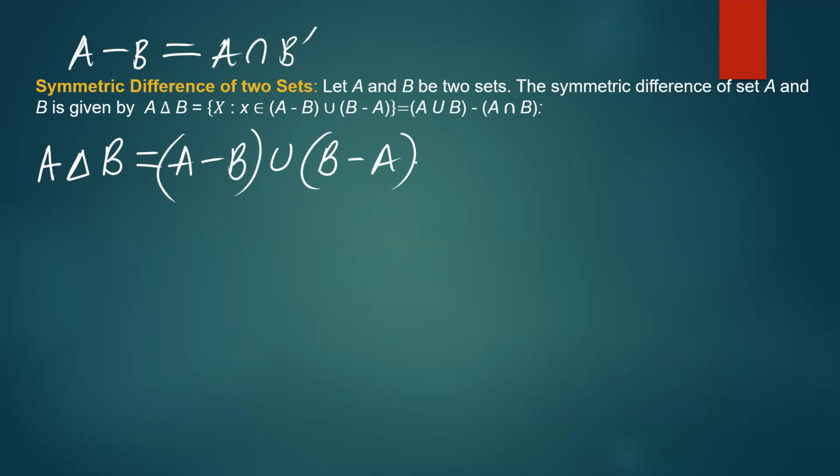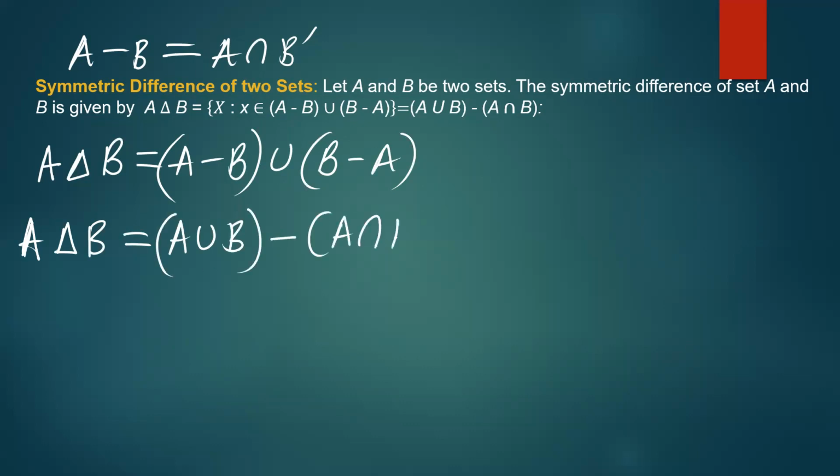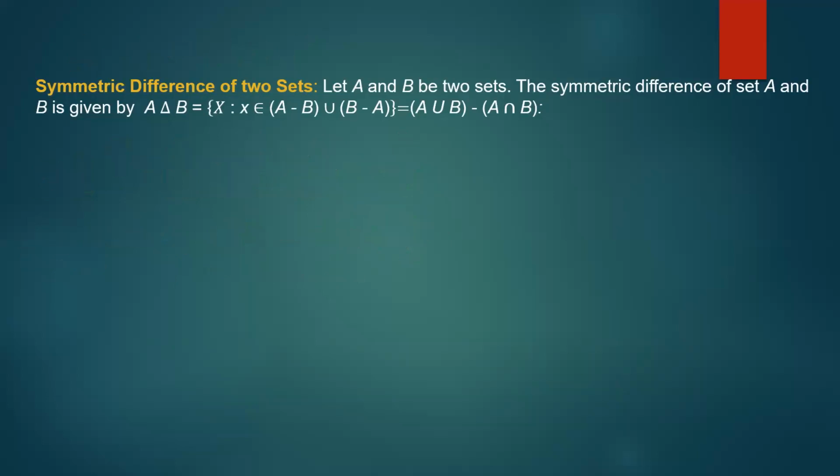Or, if you don't want to write this, you can find the symmetric difference of set A and B by using (A union B) minus (A intersection B). These are the two formulas for the symmetric difference of two sets. You get the same answer with either method. I'm going to give examples in our next session.